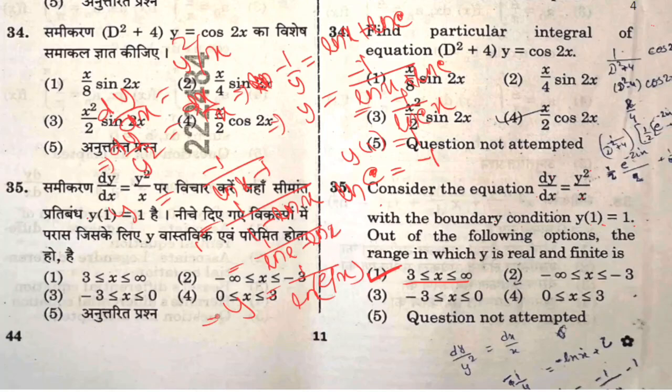This is the value of y. You can see this is infinite when this value is 1. That means e by x equals 1, or x equals e. So when x is greater than or equal to e, it will be finite. So this is satisfied by option 1.